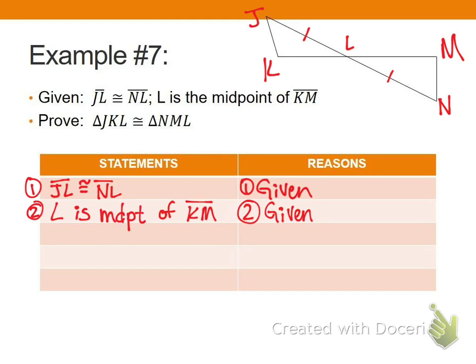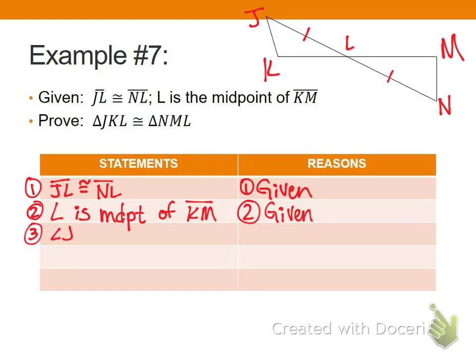So after we've stated our givens, you can kind of choose. Do you want to look at your diagram or do you want to look at your givens to get more information? It doesn't really matter to me. You want to go with the diagram? Okay, so from this diagram, much like the last problem, what's something that we could say? Because they are vertical angles, what do we know about them? They're congruent.